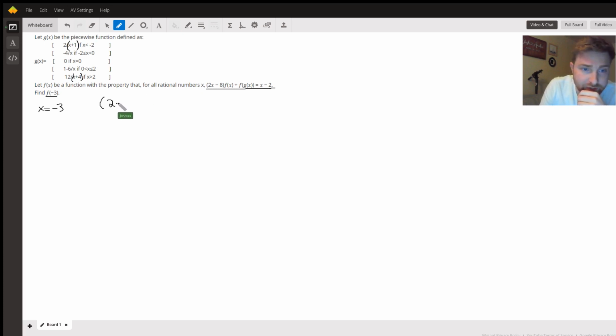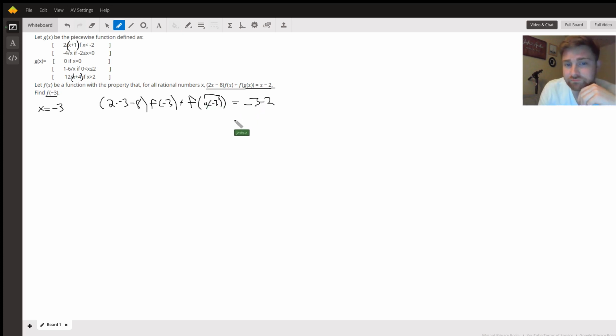So 2 times negative 3 minus 8 times f of negative 3, plus f of g of negative 3, and that's going to be negative 3 minus 2. I'm going to focus on the inside of f in this case.